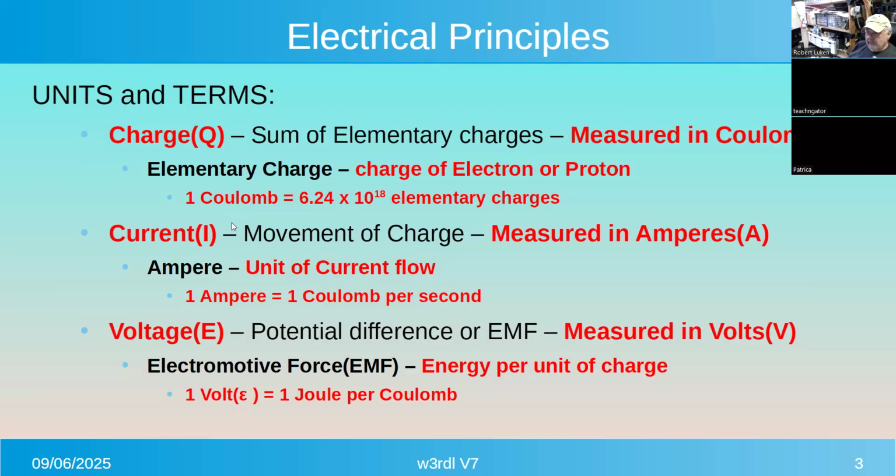We measure current, we use I, and we measure it in amps with an A for amperes. And we measure voltage or electromotive force, EMF. We use an E, and we measure in volts with a V for Volta, who developed the first battery.